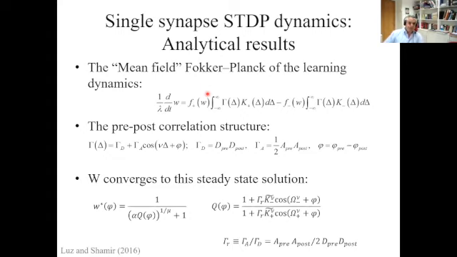And its usefulness stems from the fact that we have a complete understanding of this model in terms of each and every parameter: how alpha, how the relative strength of depression, how the nonlinearity of the weight dependence, how the temporal structure of the STDP rule and their interplay with the specific rhythm and phase difference affect the resultant synaptic weight.